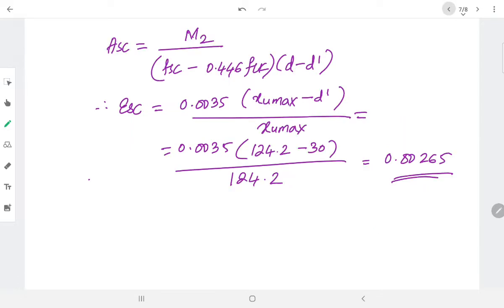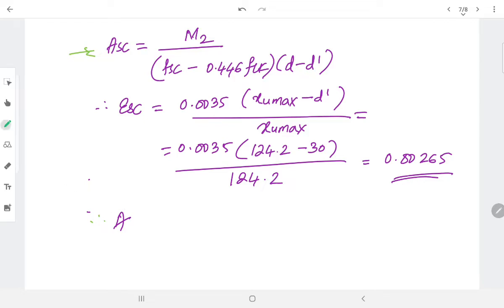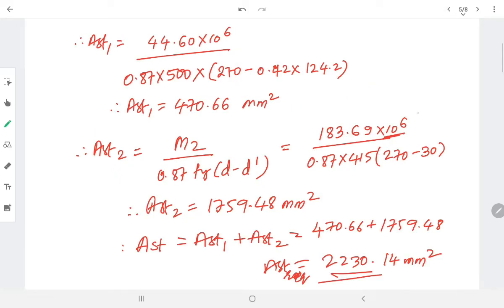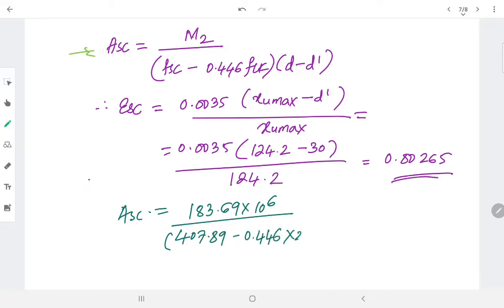So I will be substituting these values in this equation. ASC is equal to M2, which we have calculated here, 183.69 into 10 to the power of 6, divided by FSC, which we have already calculated, 407.89, into D minus 0.446 FCK, with FCK 20 and D is 270 minus 30.